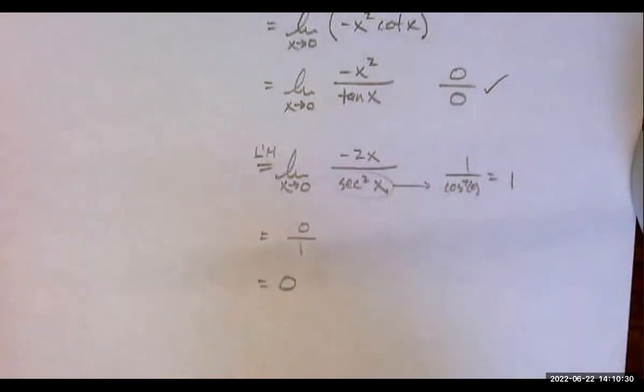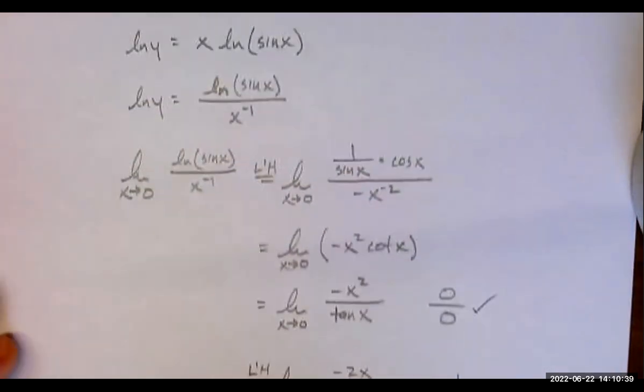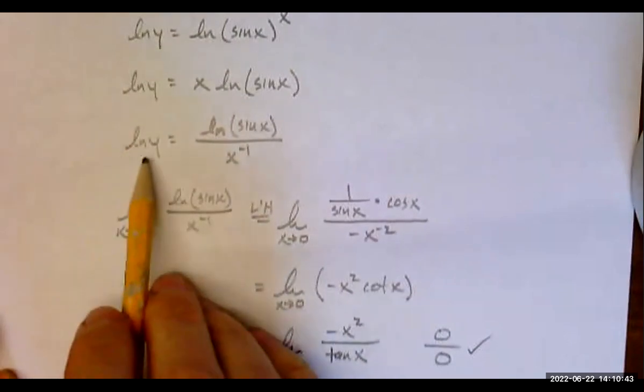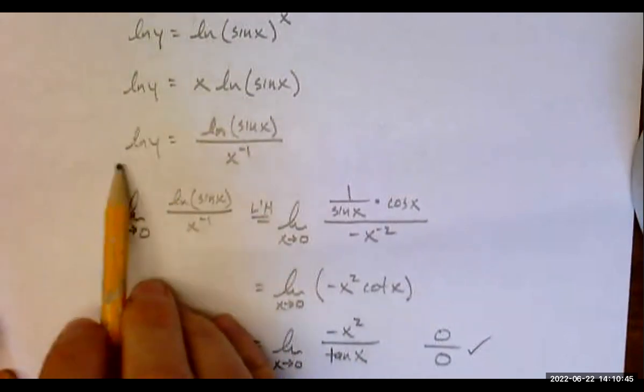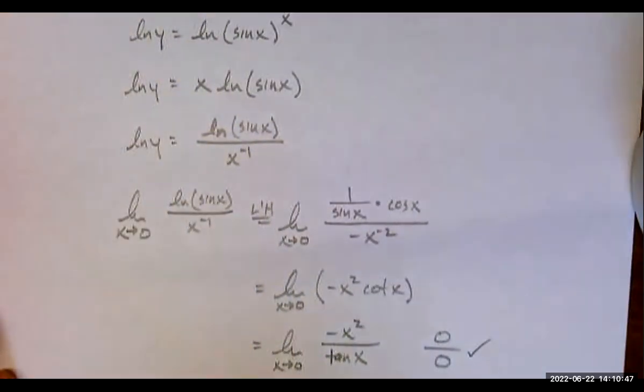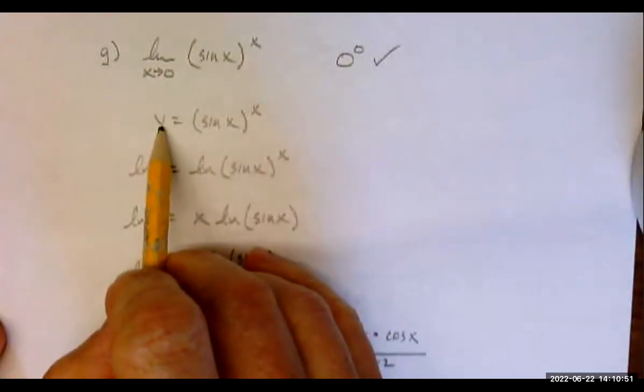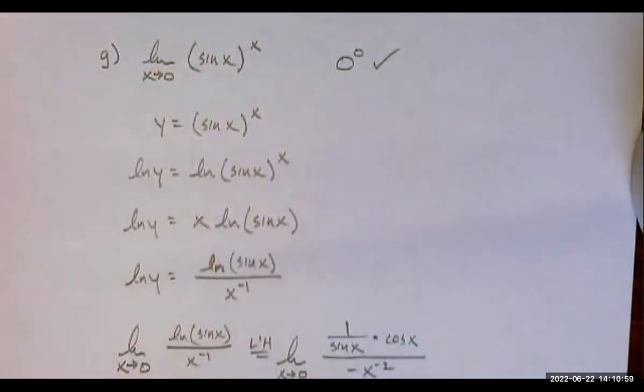Okay, we're not quite done yet. Remember, we've got to reverse that natural log that we did earlier. We have found the limit for this guy. Really, we want to think of it as we found the limit as x approaches 0 for the natural log of y. But the original question was just y. So how do we go from knowing the answer for the limit for the natural log of y back to just y?